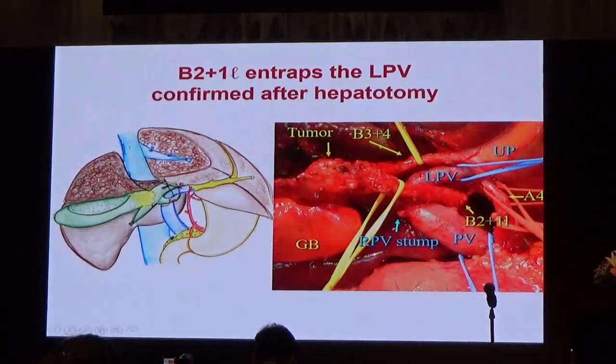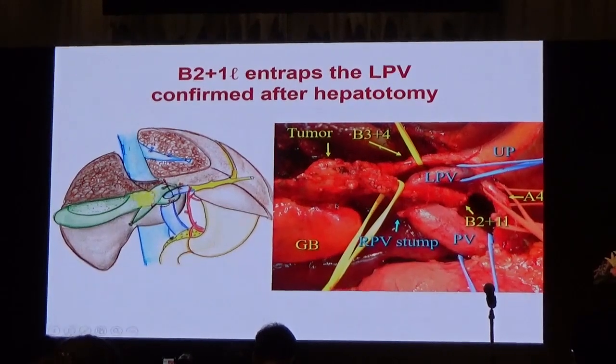After dividing the liver along the main portal fissure, we could confirm the anomalous local anatomy of the lateral section duct, the medial left hepatic duct 3 plus 4, and B2 plus B1L here, which interrupt the left portal vein.